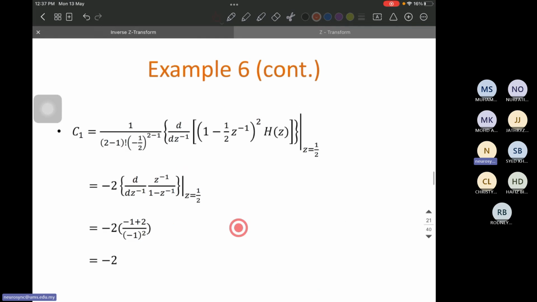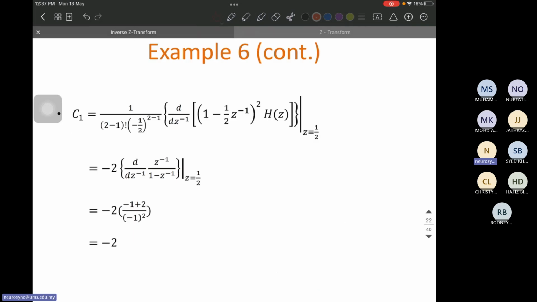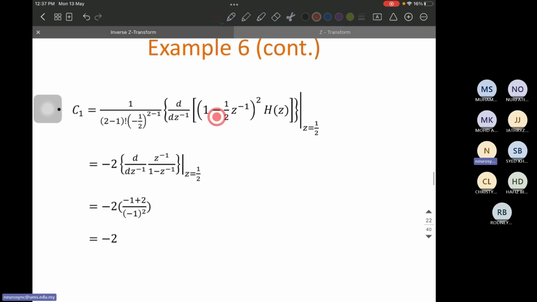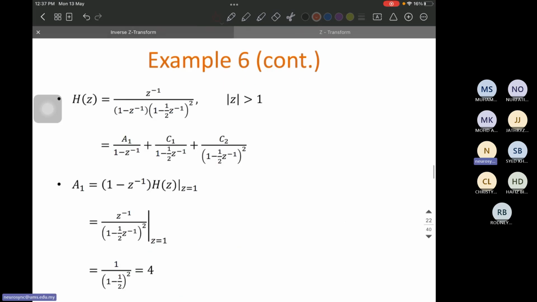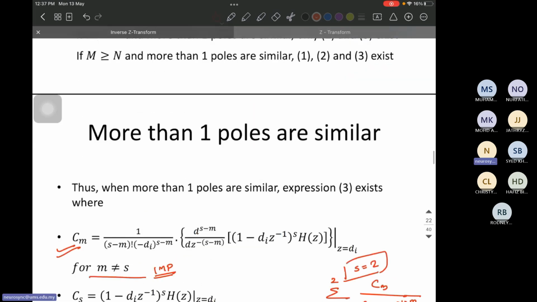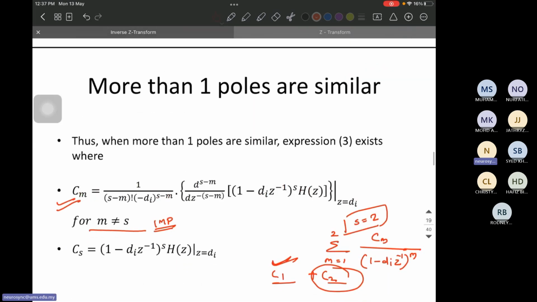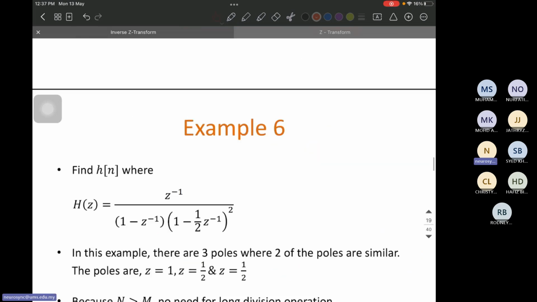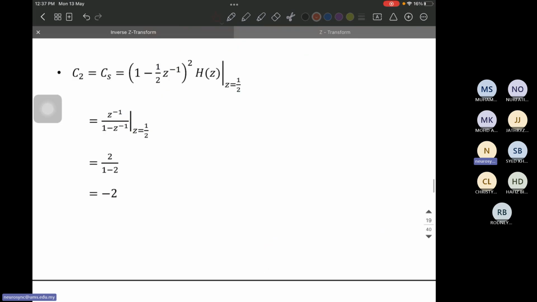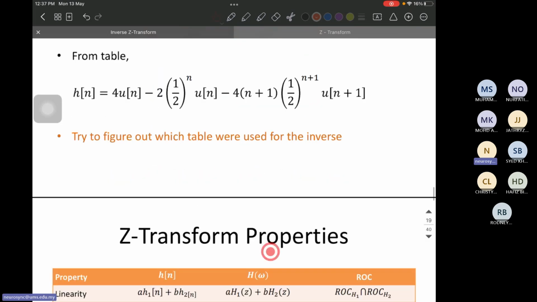Okay. Similarly, for C1, we will apply this long formula. So the long formula is what? This formula: 1 divided by S minus M. Now we are having S equal to 2. So 2 minus 1 factorial, minus di. Di value is what here?